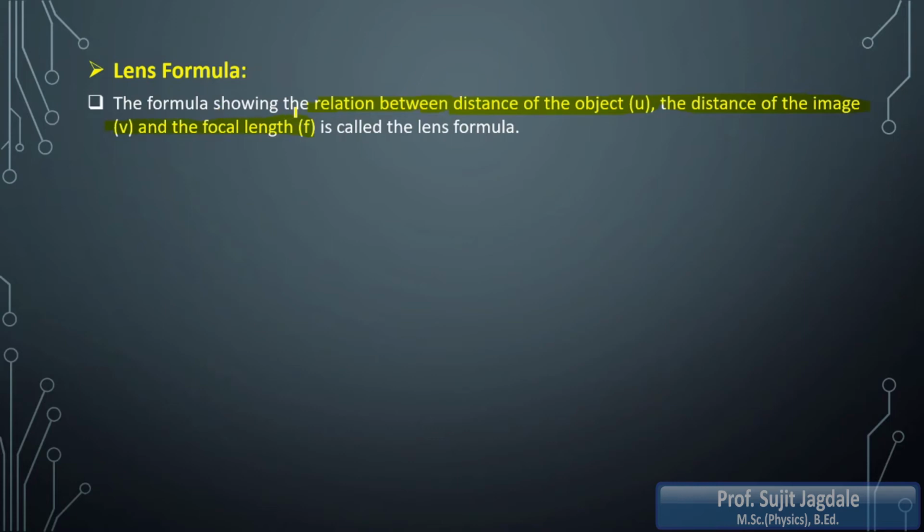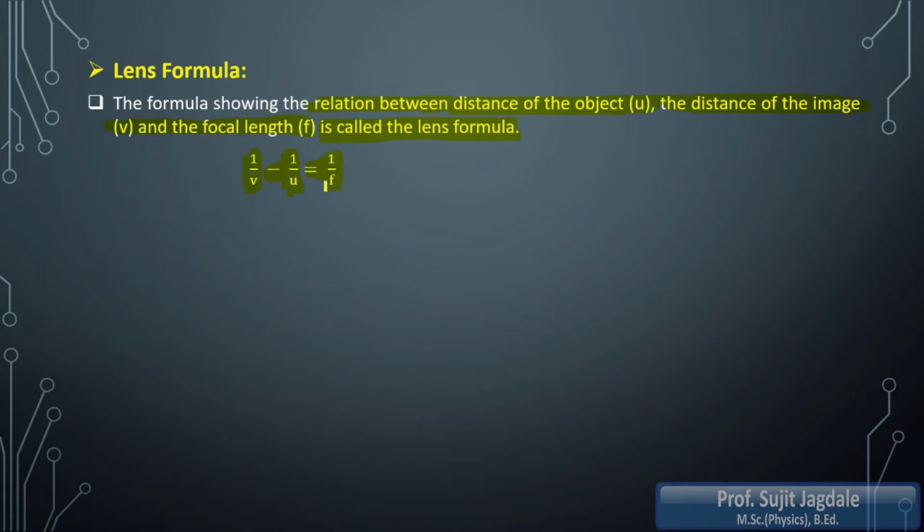The relation between these three terms is referred to as the lens formula, and mathematically it is denoted like this: 1 upon v minus 1 upon u is equal to 1 upon f.